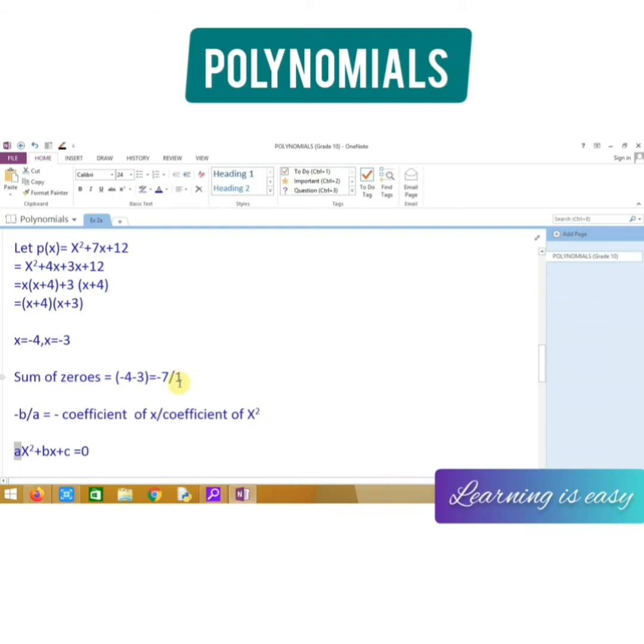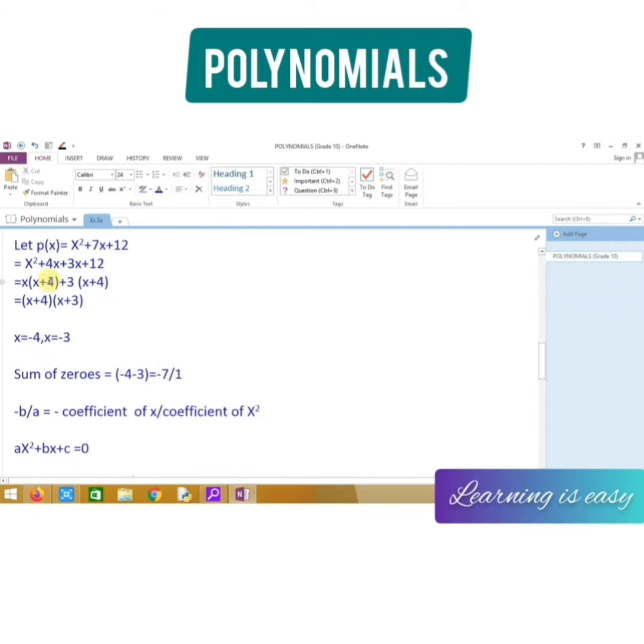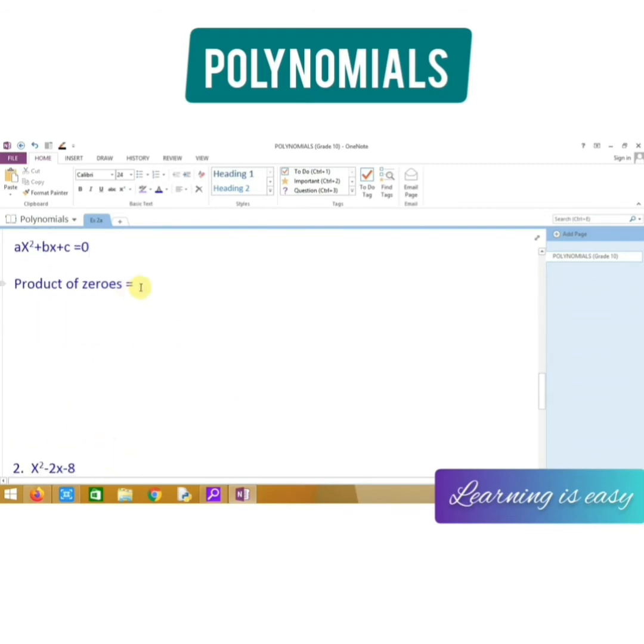So coefficient of x squared is 1 and coefficient of x is minus of minus 7, so that's plus 7. Next we need to verify product of zeros by multiplying both x values. Minus 4 into minus 3 is 12, so which is of form c by a, where c is the constant and a we already know is the coefficient of x squared.